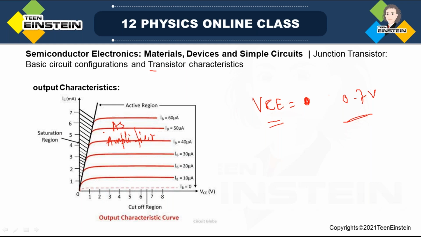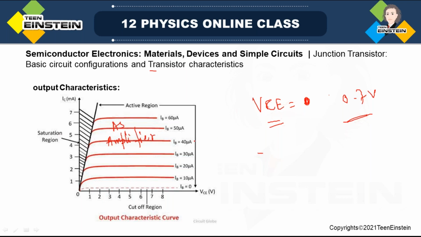This gives you the condition for the active region, when the input junction is forward bias and the output junction is reverse bias. Your transistor is in the active region, and in this condition you can use it as a signal amplifier.